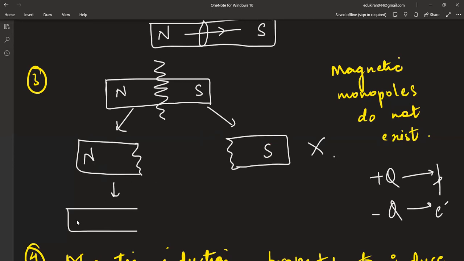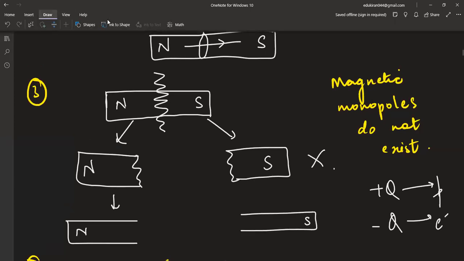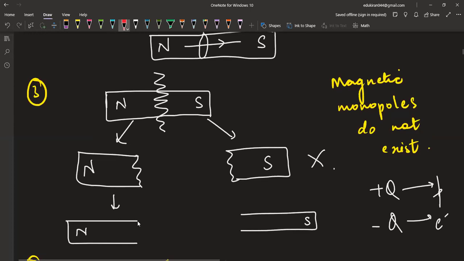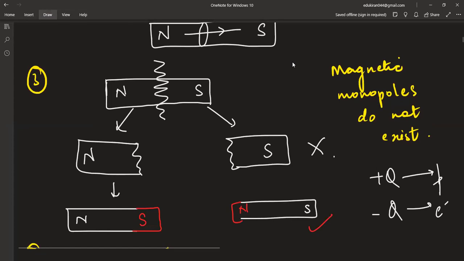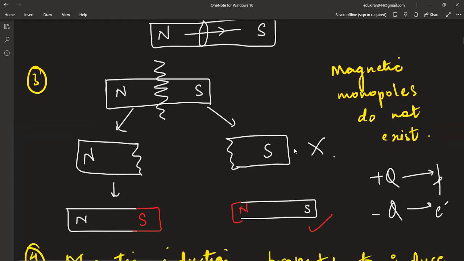If you have this part as north, this part as south, then automatically here south polarity will develop, and at this end north polarity will develop, because monopoles in magnets can never exist. North pole or south pole solely cannot exist. If this is existing, it means south pole is already present over here. If this is existing, it means north pole is already present over here.